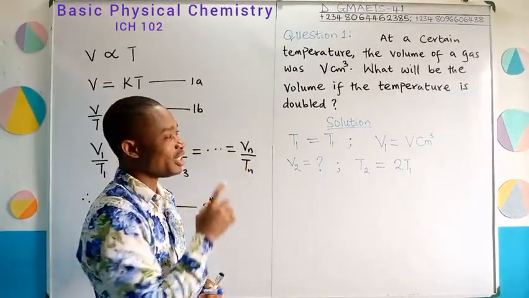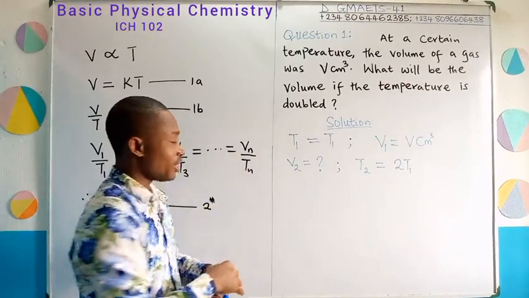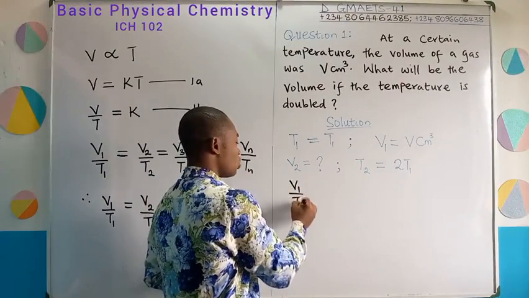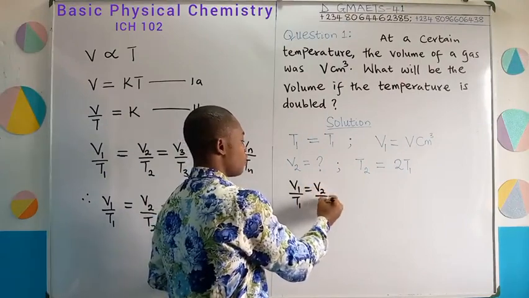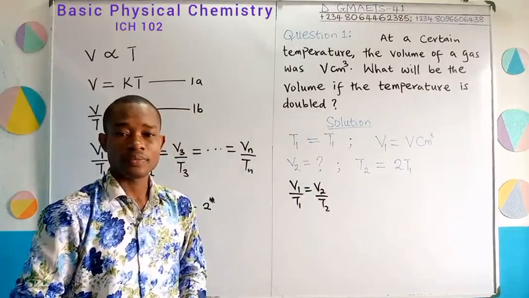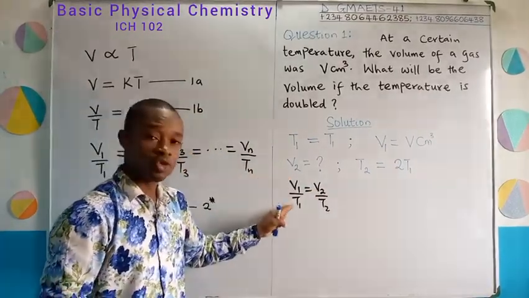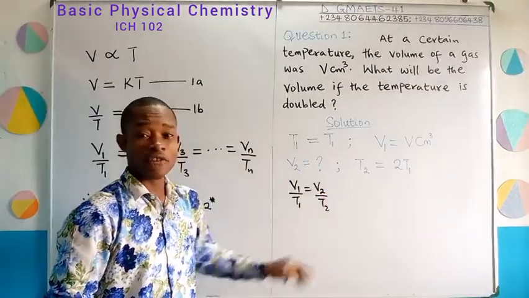And now that we know the details, we can apply Charles' law. Recall, we know that V1 over T1 is equal to V2 over T2. We can still rewrite this equation as V1 over V2 equal to T1 over T2.